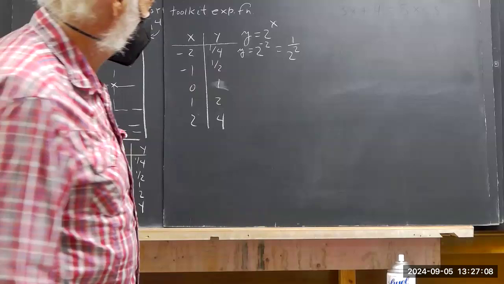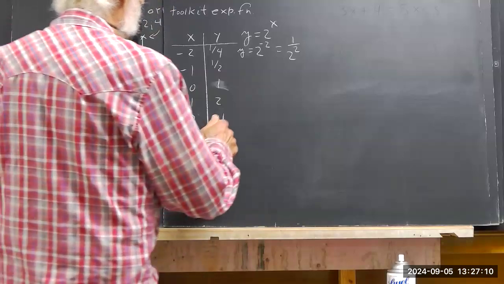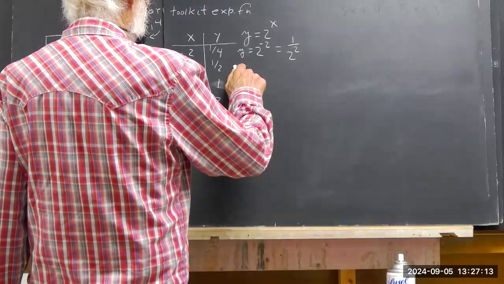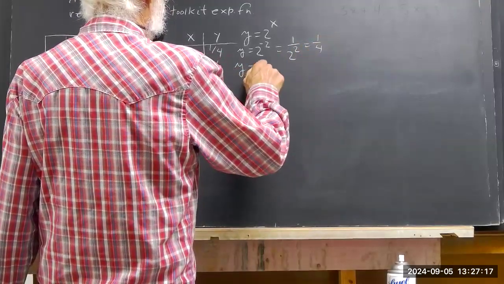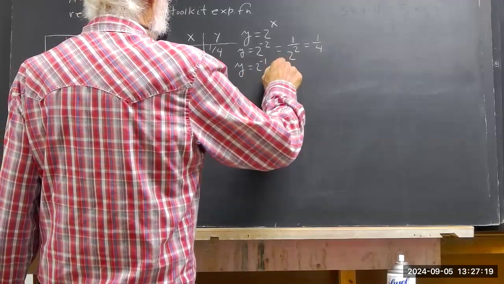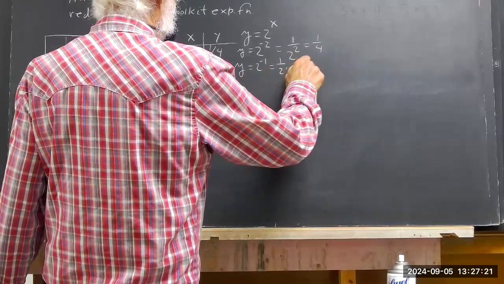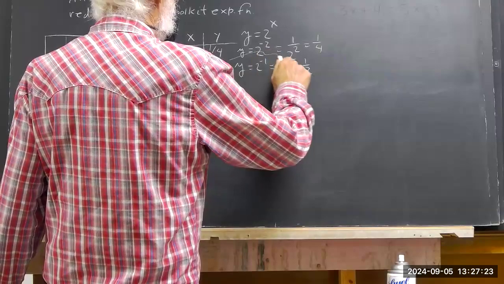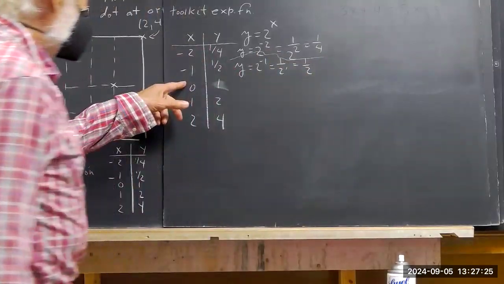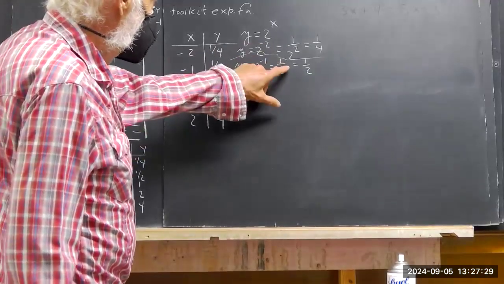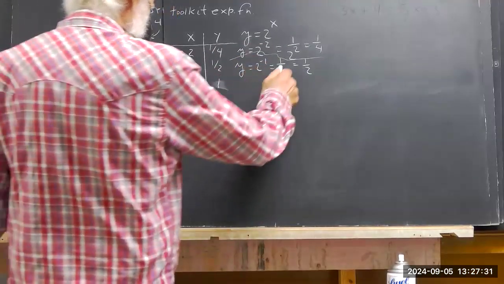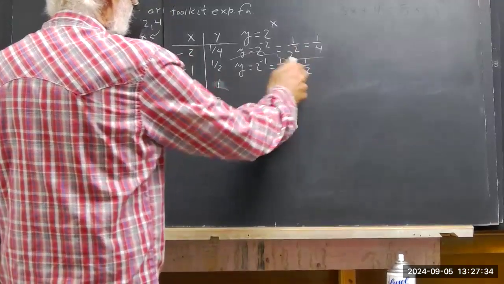I'm not going to try to explain it right now, but of course, that's 1/4. If x equals -1, y equals 2 to the -1, which is 1/2 to the 1, which is 1/2.